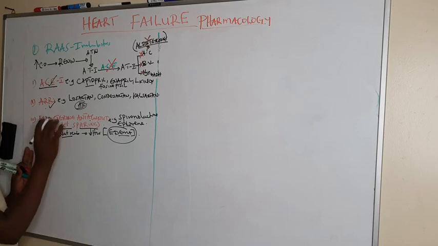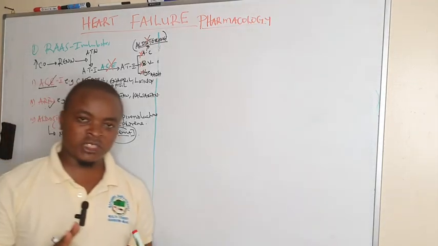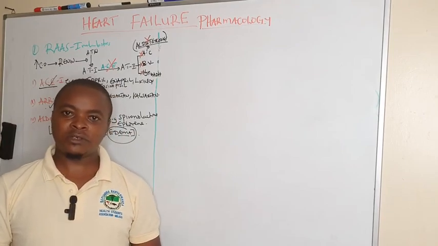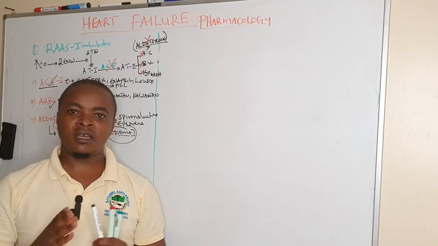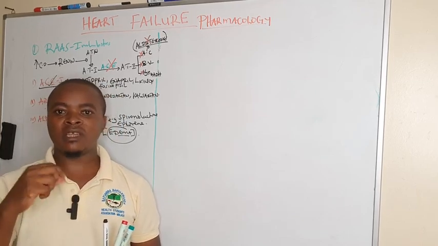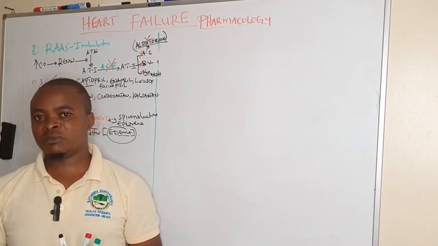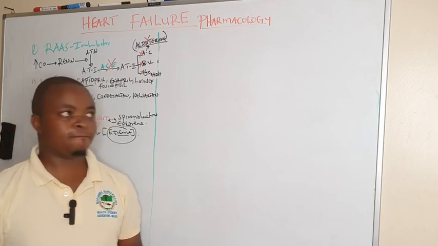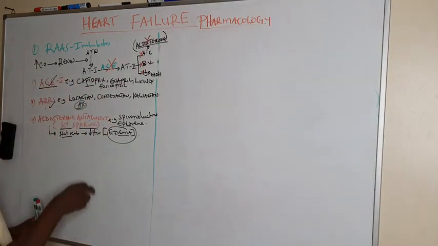We have seen their indication is for treatment of both systolic heart failure, that is due to reduced ejection fraction, together with treatment of diastolic heart failure or reduced ventricular filling. We can use all these drugs. And how do they act?